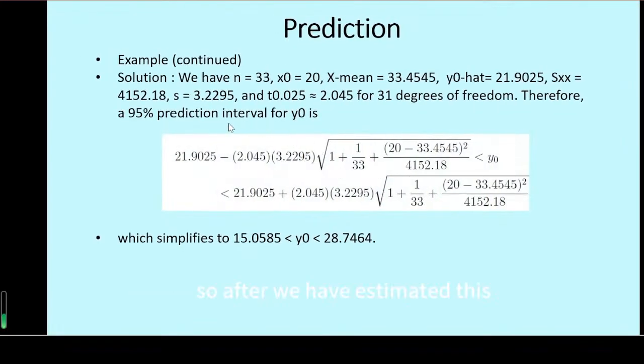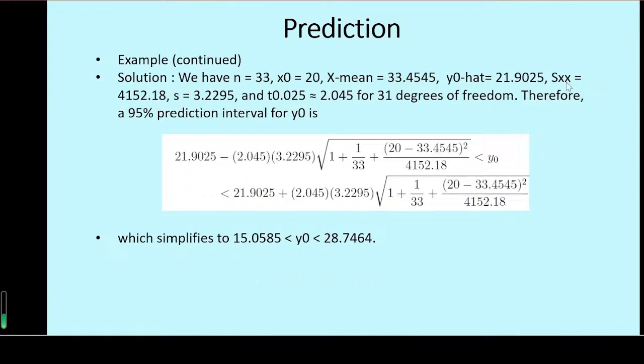So after we have estimated this linear regression, we got the sample size 33, x0 20, x mean 33, and y0 hat. Just fill in the beta values, we get 21.9. Sxx is about 4,100 and s is 3.2.